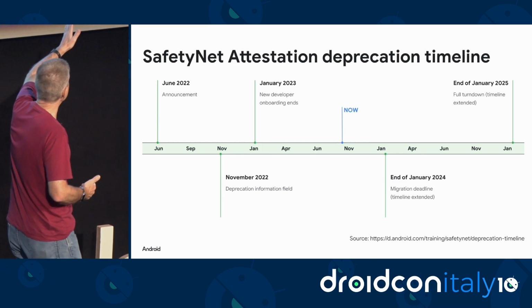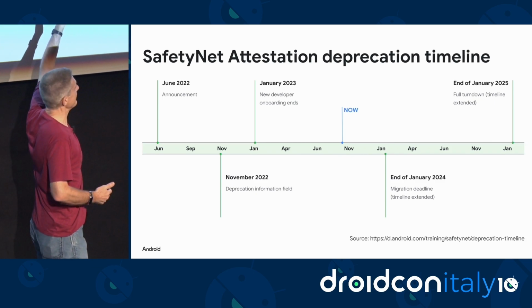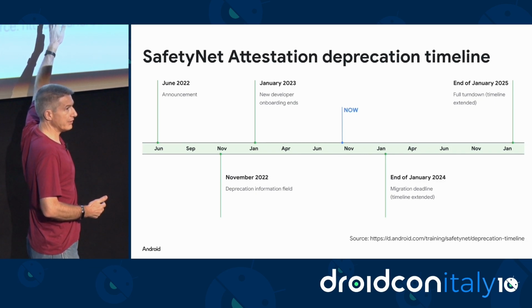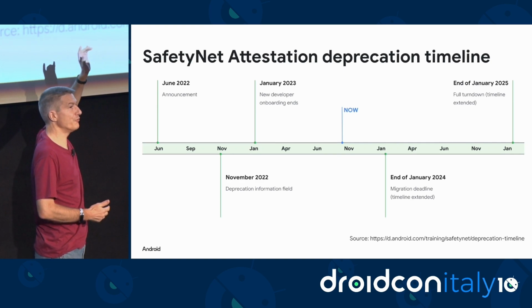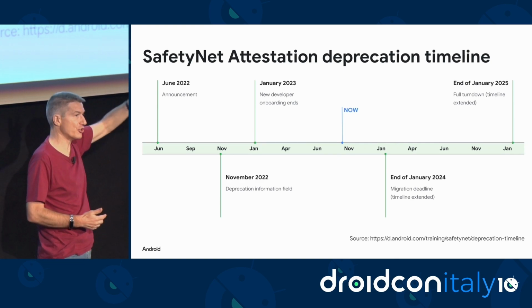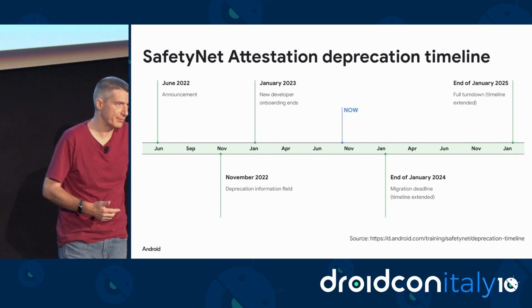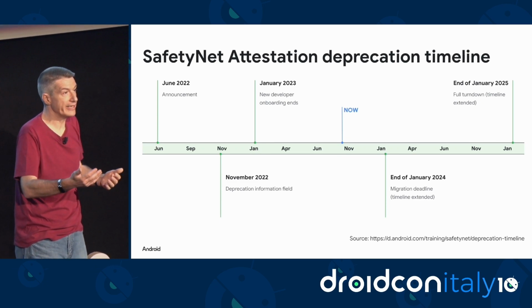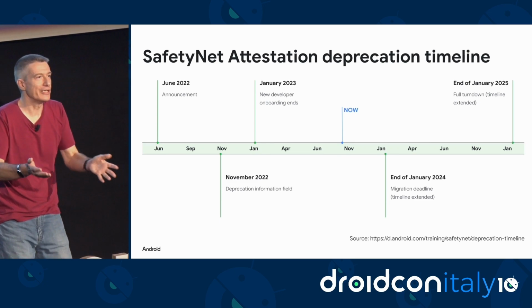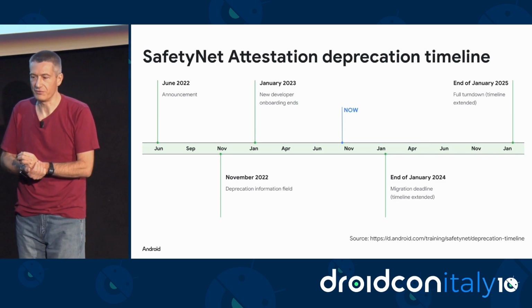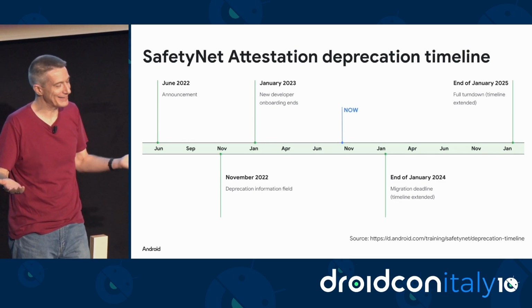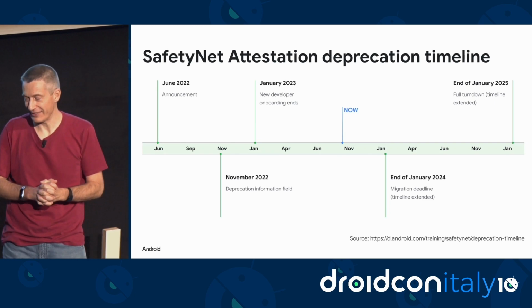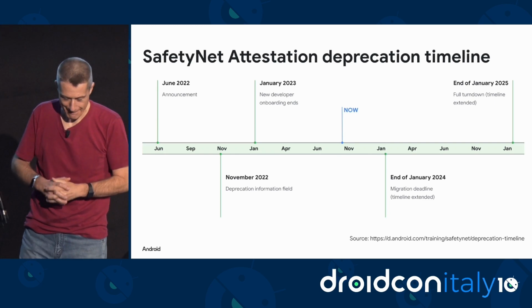It means that if you have not migrated by January 2024, SafetyNet attestation stops working for your application. If you start to migrate, and there is a version of your application using the Play Integrity API, you get an additional year, because we understand that not all the users get the latest version of the application. But if you never migrate, they will never be able to get the Play Integrity API.